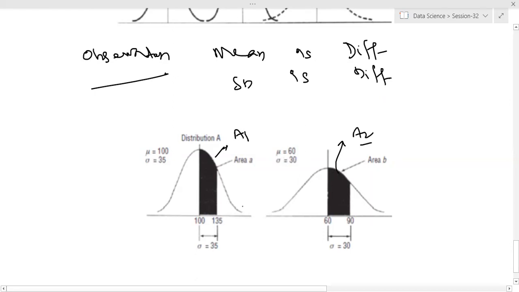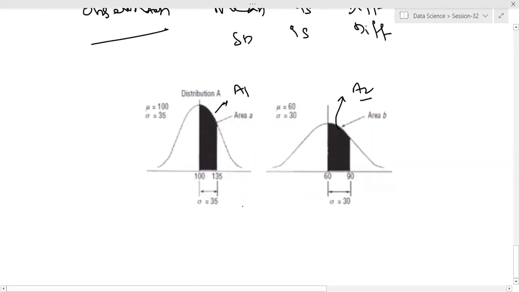Whether these two are equal or not. Use the knowledge of your earlier sessions, pull all the observations we had, and you can give the answer. My question is whether these two shaded areas are equal or different.